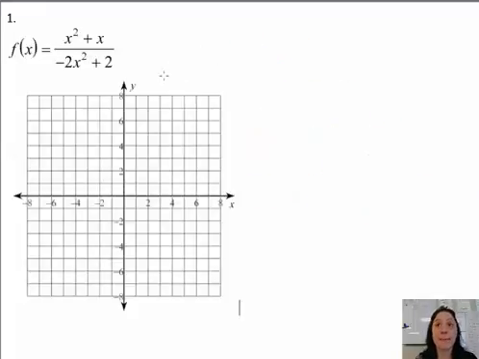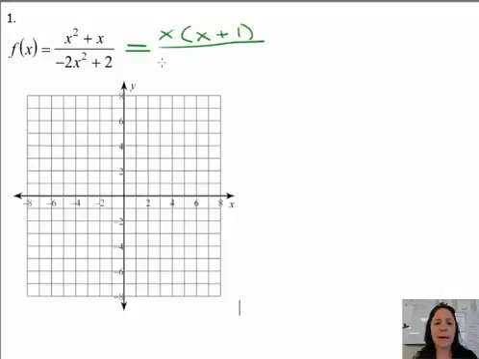All right, here's my first example problem, and it's not factored for you yet, so let's start with the factoring. I can factor an x out of the numerator, and that's going to leave me x plus 1. The most obvious thing to start factoring out of this denominator is negative 2. So we'll factor out a negative 2.